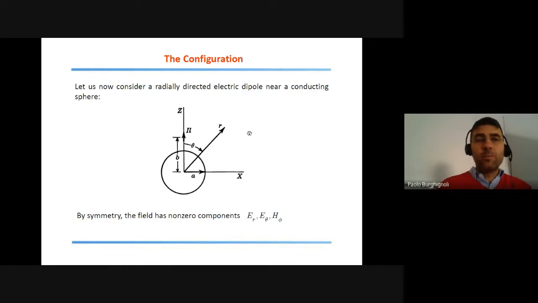In this problem, the symmetry of the configuration is such that the field radiated by this dipole will only have 3 non-zero components, and those are E sub r, E sub theta, and H sub phi, exactly as if the dipole were radiating in a vacuum.